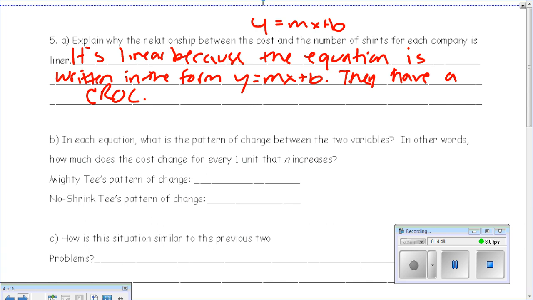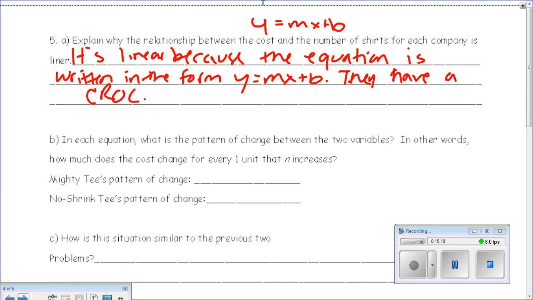In 5b, it says in each equation, what is the pattern of change between the two variables? In other words, how much does the cost change for every 1 unit that n increases? Every unit that n increases by 1. So this is what Gavin was saying.